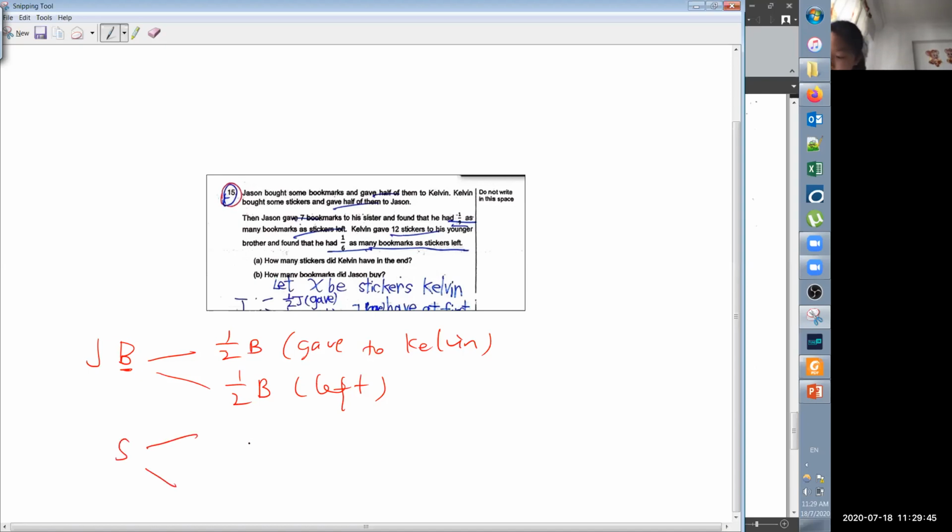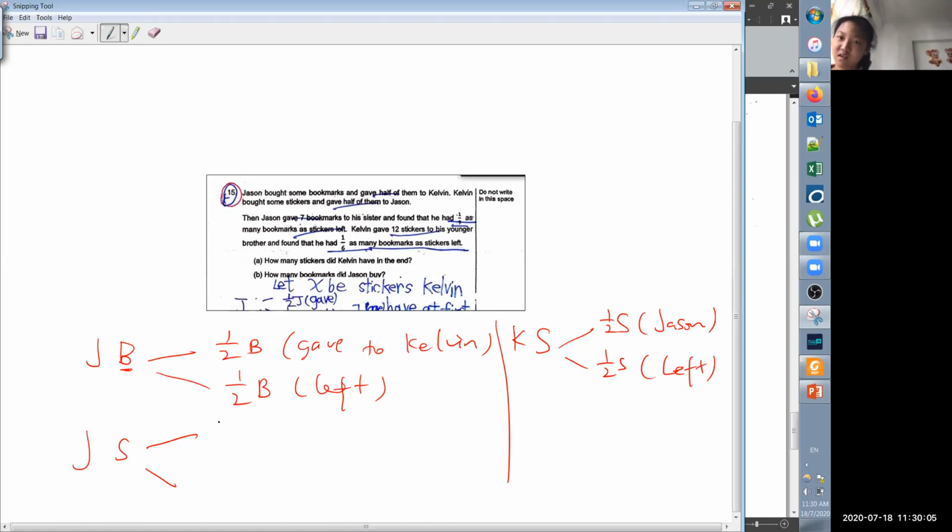So Kevin bought some stickers and gave half of the stickers to Jason. So half left. So Jason receives half S from Kevin, so half S left for Jason, right?